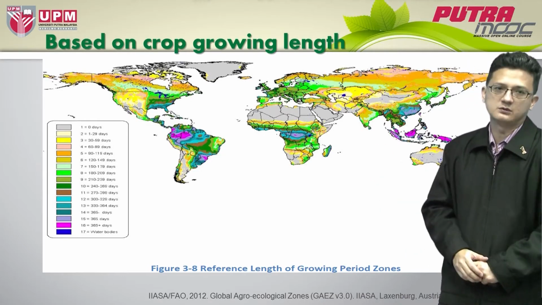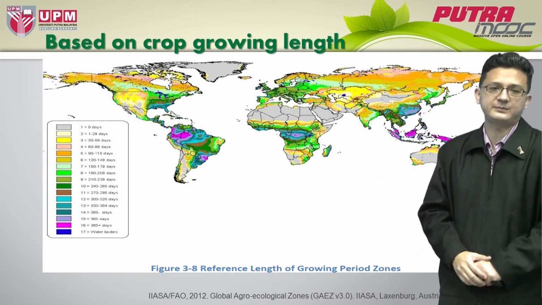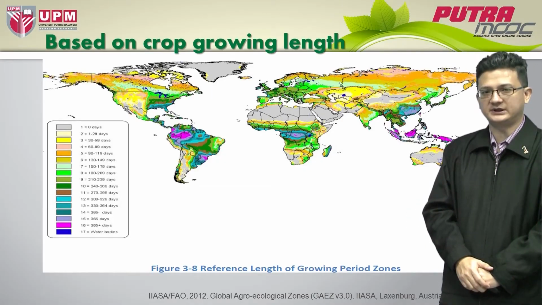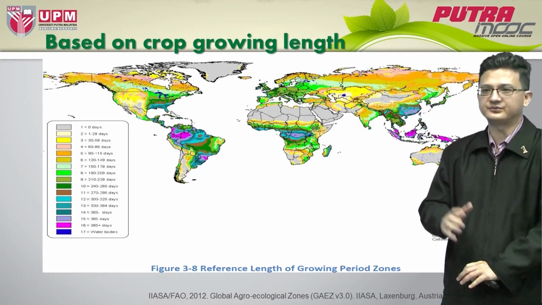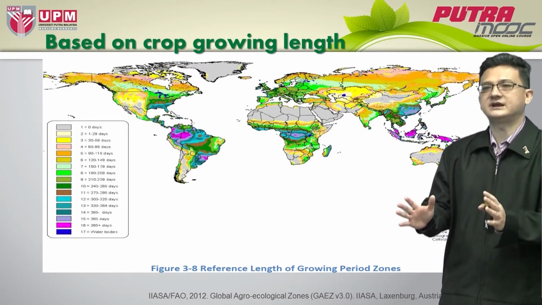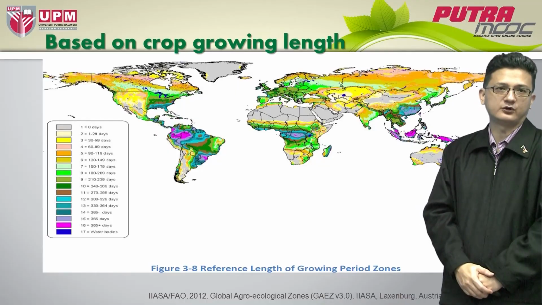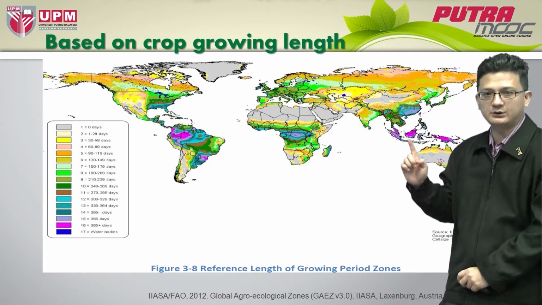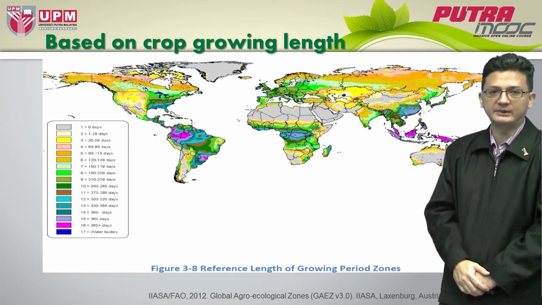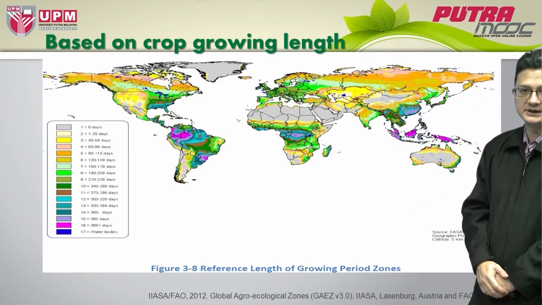But in some countries, no. You have only a specific period in a year, a length of time, where you can grow your crops. In the winter, for instance, only certain crops can grow, or you can't grow any crops in that period. So that part of the season in the year is not available for growing crops. But this is not true for Malaysia, because of the very stable and uniform climate, we can grow crops all year round.